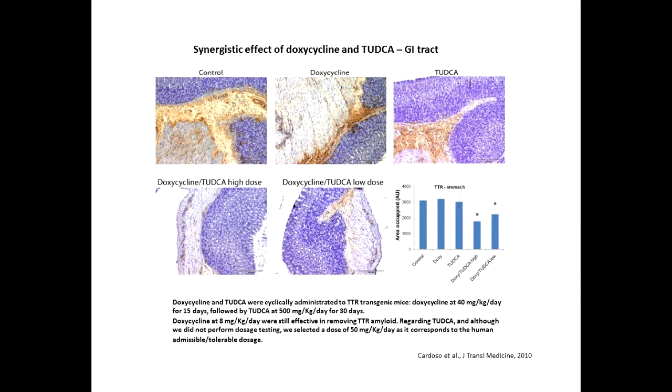If you lower the dose to a clinical dose, then you also get rid of these deposits and have less TTR, less BIP, less ER stress markers. I won't be talking more about the clinical trials going on, because I think later in the afternoon you might have some of this.